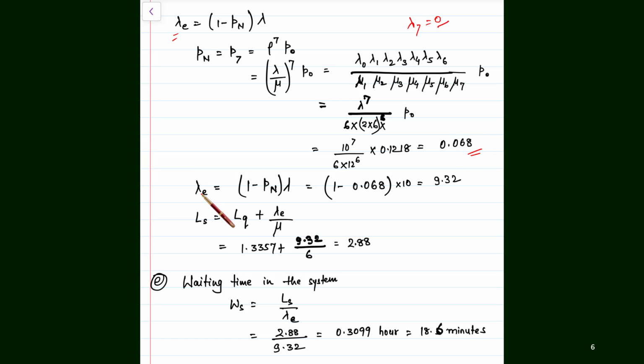Now put it in lambda e and get the lambda e value, and put it there in LS and get the value of length of system. From here we can get waiting time in the system, and that is 0.3099 hour. So convert it into minutes. So this is how the problem is solved.